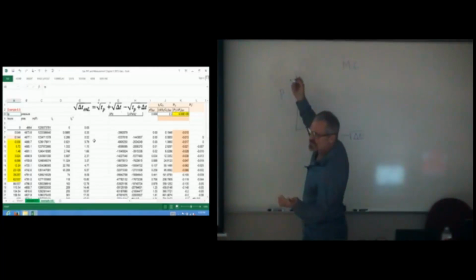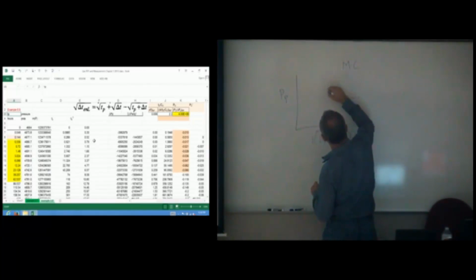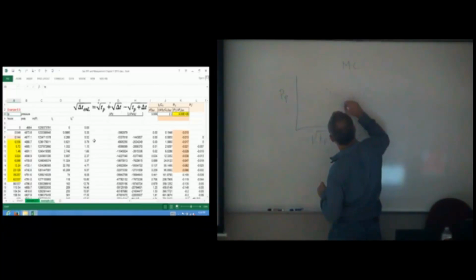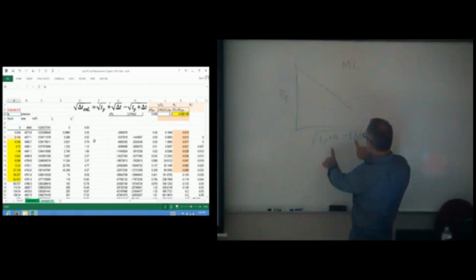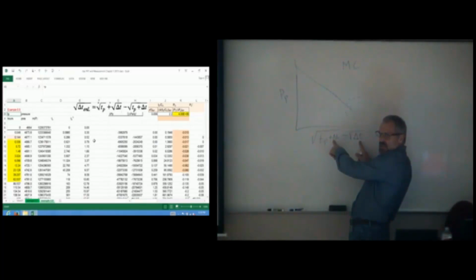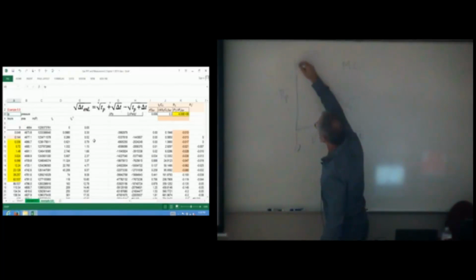It's pressure if it's oil, and pseudo pressure if it's gas. We'll get some early data that may be in line, may not, and then we'll get a straight line. And just like a Horner plot, as delta T approaches infinity, the amount of time I shut in the well approaches infinity, what does this equal? What do you think this indicates?